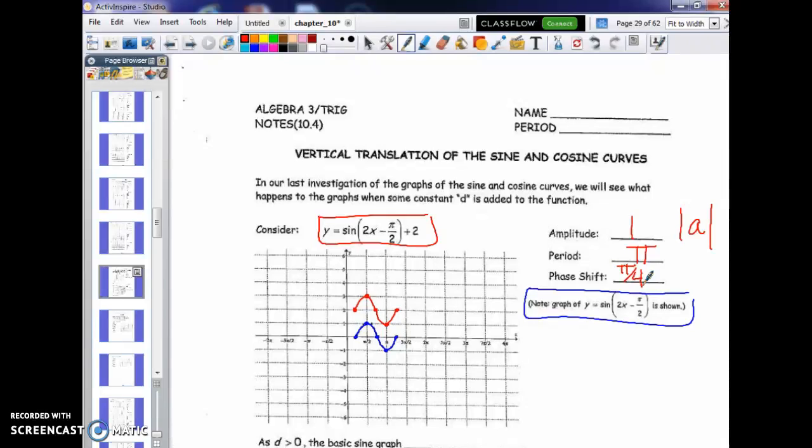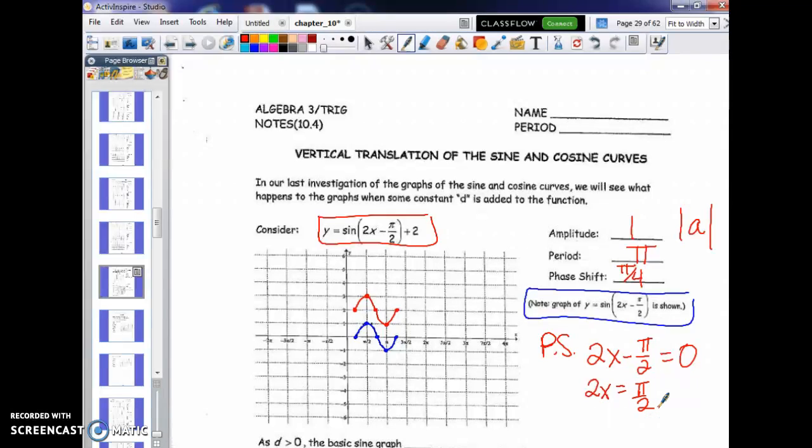If we're given the equation, we could have determined the phase shift by setting whatever is in parentheses equal to 0. So 2x minus pi over 2 equals 0. Add pi over 2 to both sides, so we get 2x equals pi over 2.